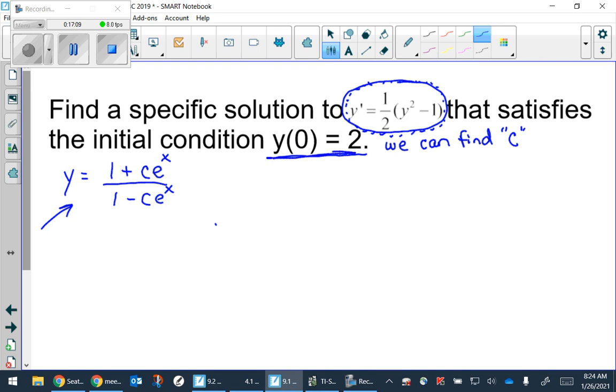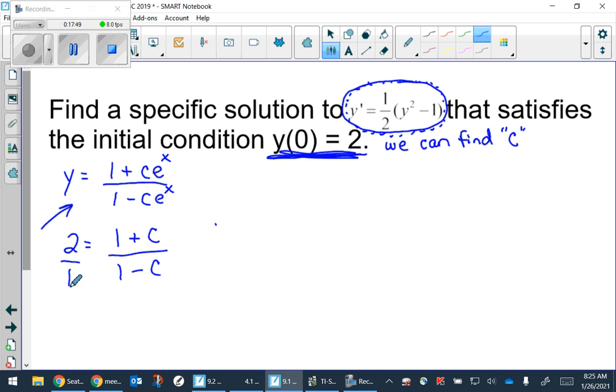Now, as I look at this, what is the y value? 2 equals 1 plus, I don't know what C is, e to the 0. And what is e to the 0? Okay, don't have to write it. The bottom is 1 minus C, don't know what it is, e to the 0, which is again 1. Do you think you can solve this and figure out what C is? By maybe cross multiplying?